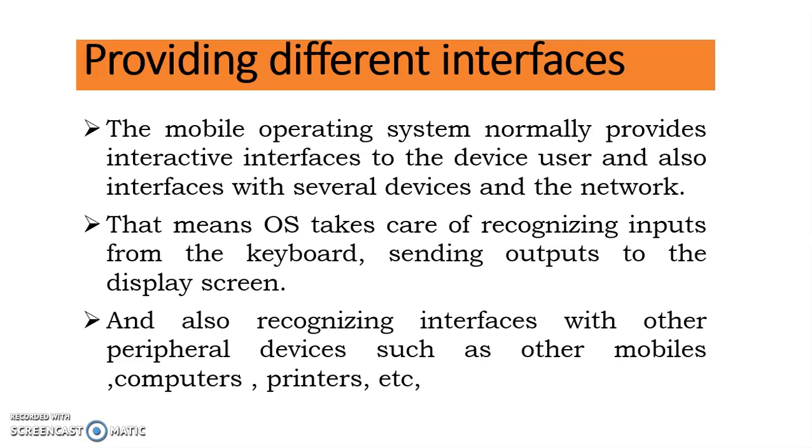So when you are connecting different devices, at that time we are using the interfaces. The interfaces of mobile phones vary from device to device. Everyone accepts it? That is, one device may have a touch screen, and another might have a physical keyboard.